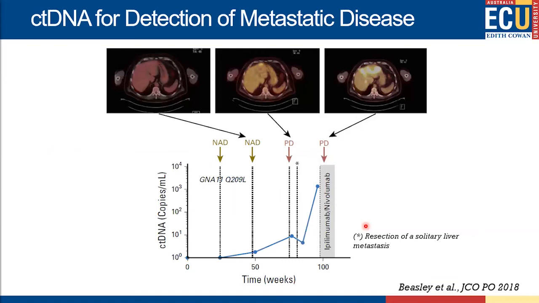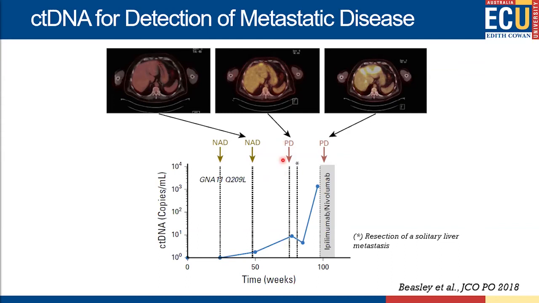In longitudinal studies that we have carried out, we can observe that circulating tumor DNA can serve as early evidence of the development of metastatic disease. In particular, in this patient, a few copies of circulating tumor DNA were detectable when there was still no evidence of metastasis on a PET scan.